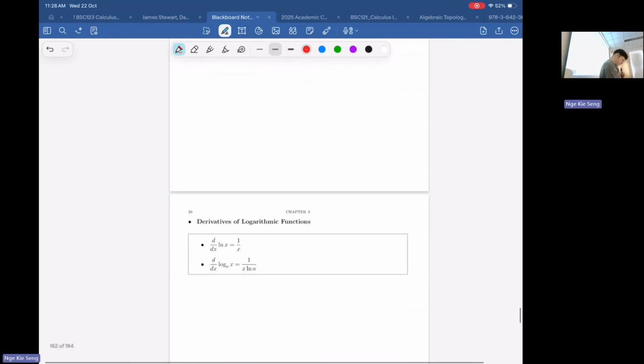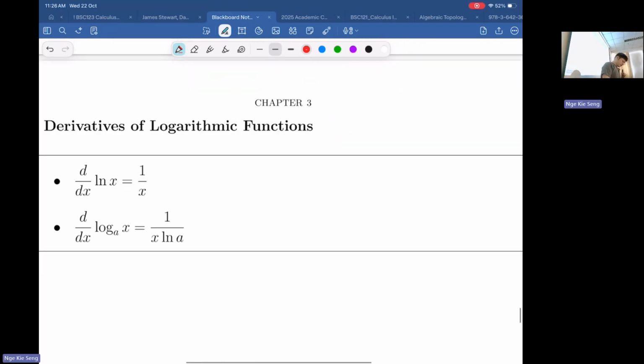Next is the derivative of the logarithm function. So we are very close to the method that your classmate mentioned just now. Logarithmic differentiation. First we'll learn the derivative of the logarithm at base e and a general base.